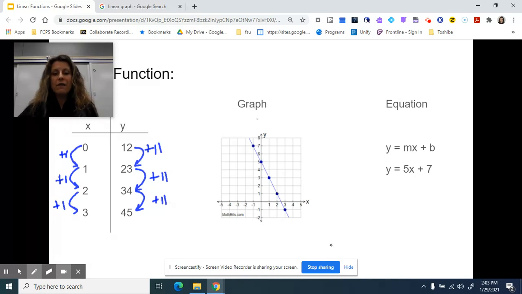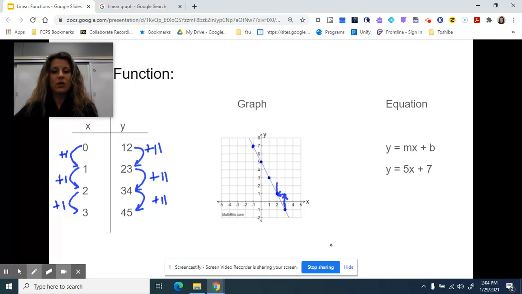Okay, for the graph, we can see that it does take on a line. So that's the easiest way to tell if it's a linear function. Is it a line? We do need to make sure that it's exactly a line, so there can't be any curve to it. Again, the easiest way to determine that is to look at whether the points are increasing or decreasing by the same amount each time. If I start here at the bottom, I have to go up 2 and over 1.